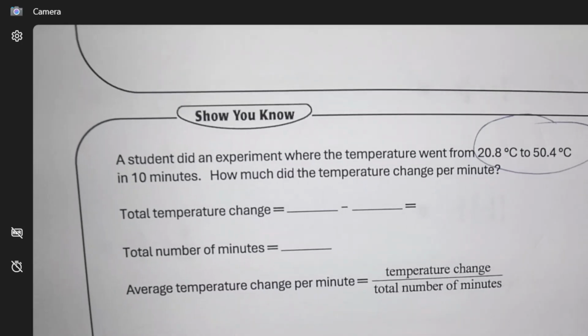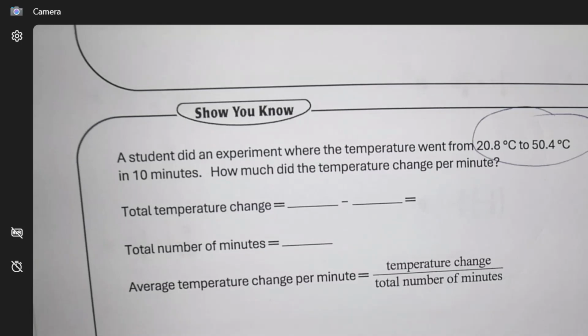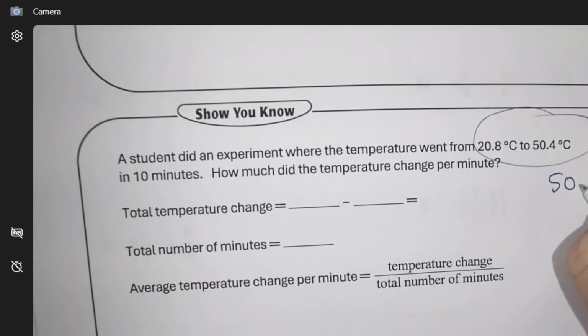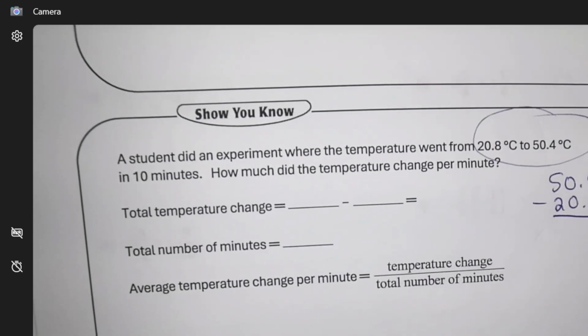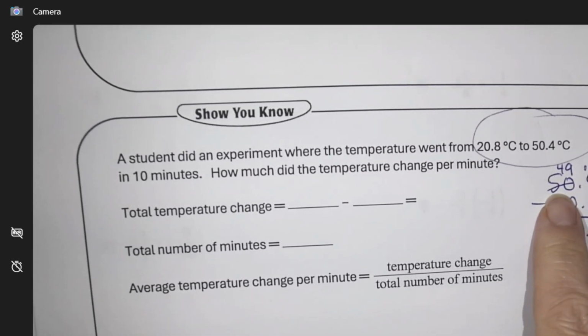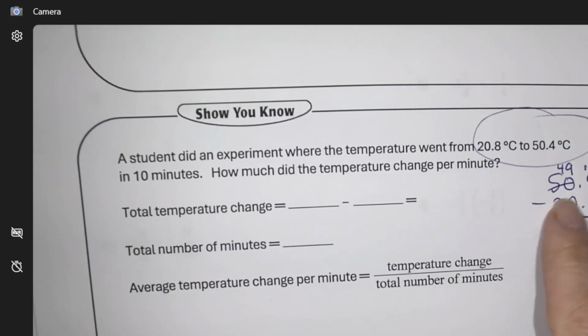You're going to subtract them, yep. So the total change is the difference. So give me that value, the difference. So you're going to have to borrow from 50, which would make that a 49, right?